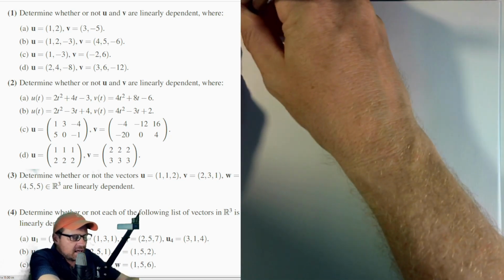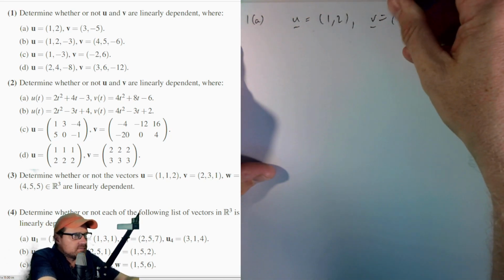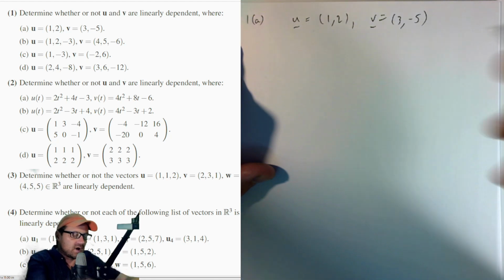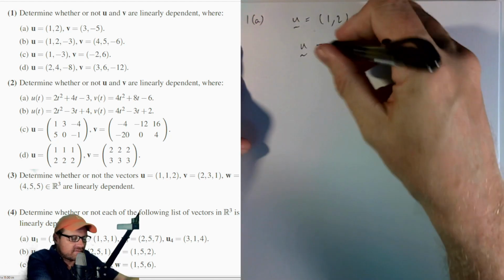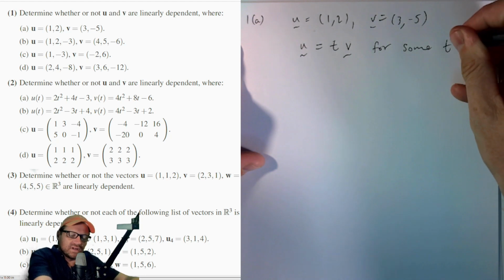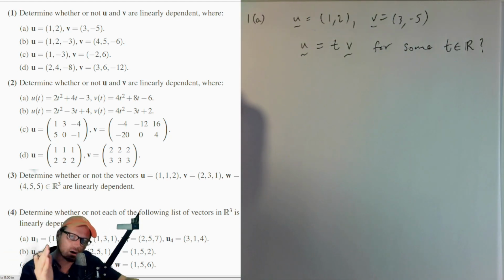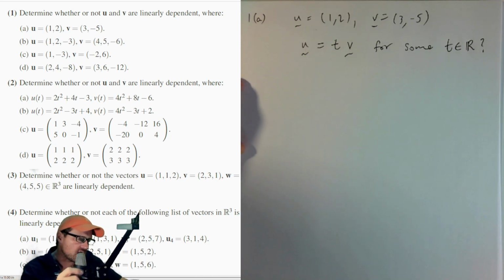So in part A, we have u is the vector 1, 2, v is the vector 3, minus 5, and we're asking the question, do we have u equal to t times v for some real number t? Okay, because if we do, then those two vectors u and v are linearly dependent. So let's try this here.